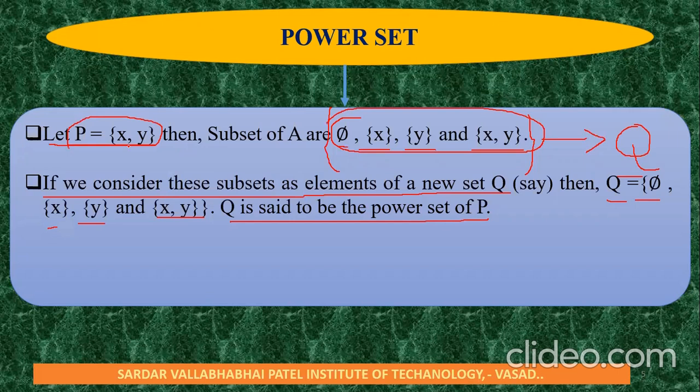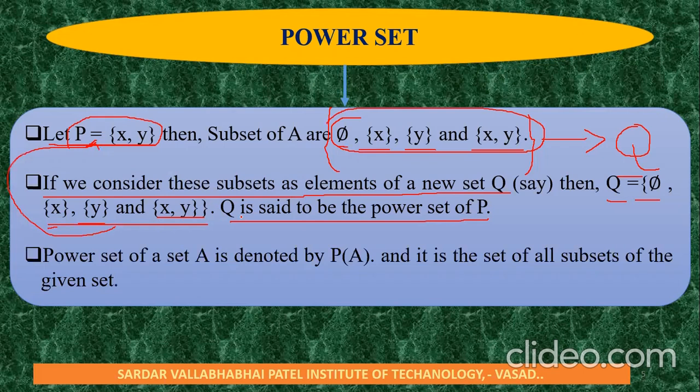So Q is a set whose elements are the subsets of the set P, and this newly generated set is said to be the power set of P. The power set of A is denoted by P(A).